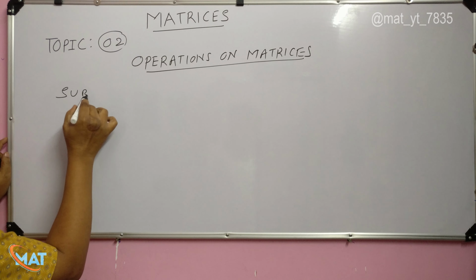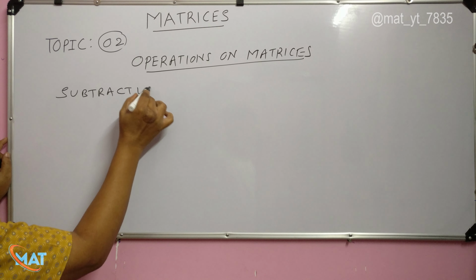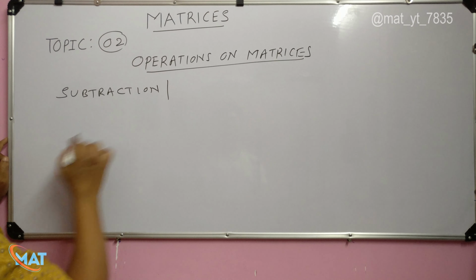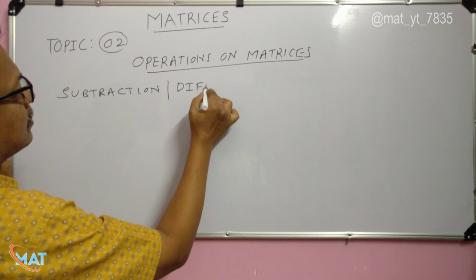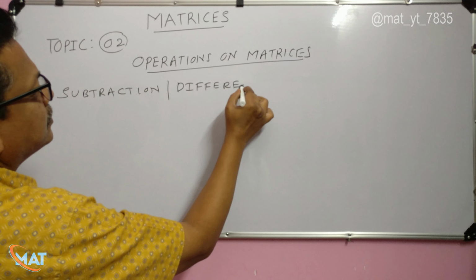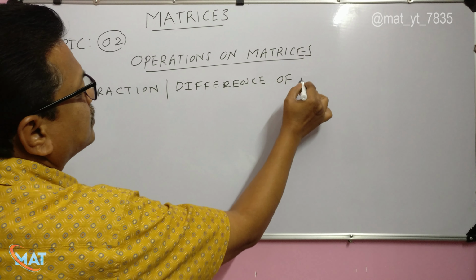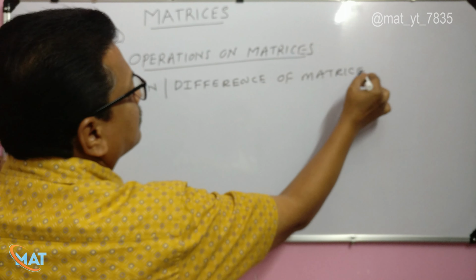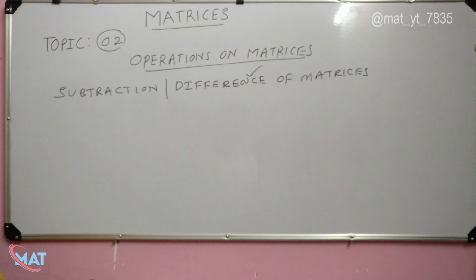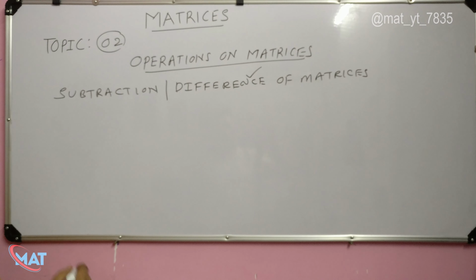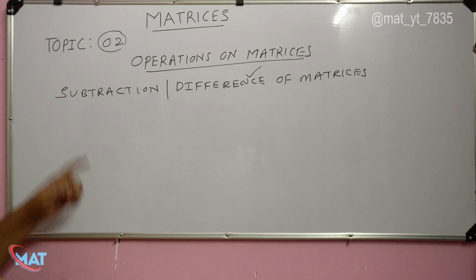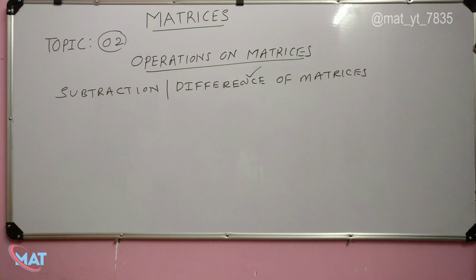subtraction. Then we call it difference of matrices. This is the correct word we are going to use, difference of matrices. As I told you in the beginning, subtraction is a part of addition.